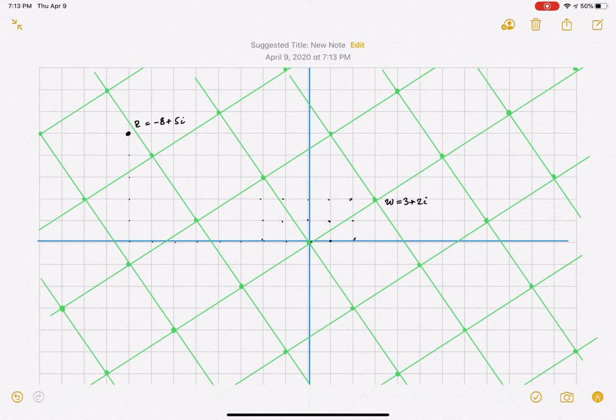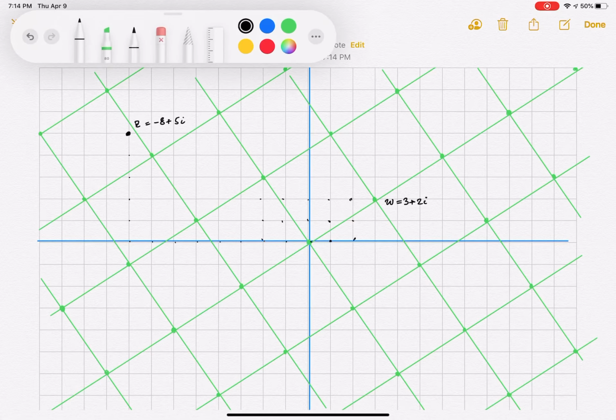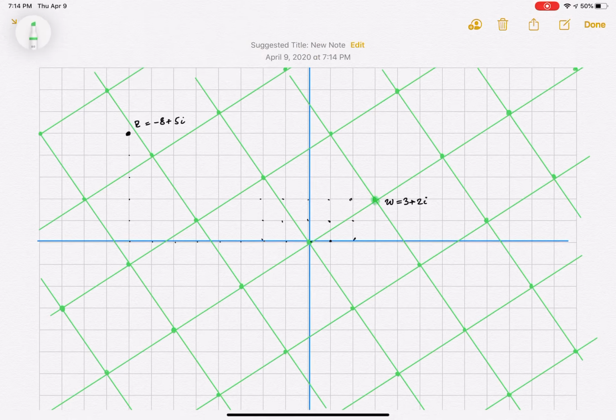And I want to divide this z by this w. So what you do is you look at all the multiples of w. Now these green dots are all multiples of w. So here's w, here is 2w, here is 3w, but then here is iw. You see, when you multiply by i, you go here. i is in the ring.